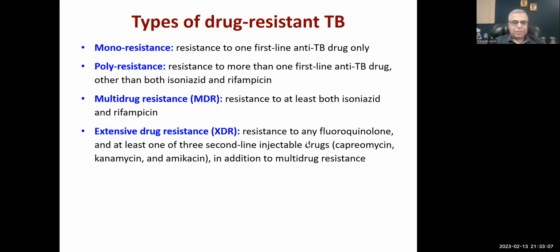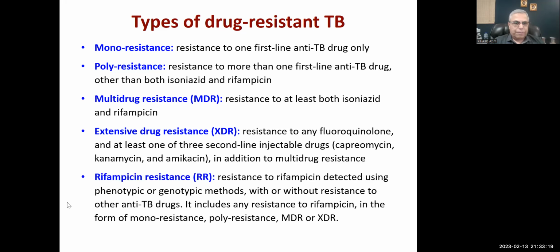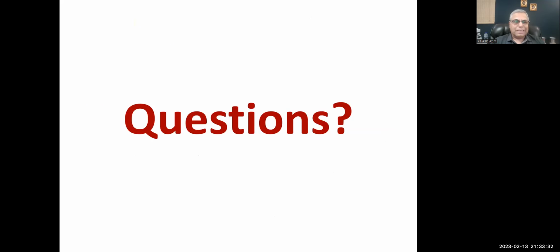Extensive drug resistance means resistance to any fluoroquinolones, which are second-line drugs, and at least one of three second-line drugs like capreomycin, kanamycin, amikacin. Then rifampicin resistance, that's not difficult to understand. It is just rifampicin resistance. So this is just to let you know what different types of terms are used for resistance.